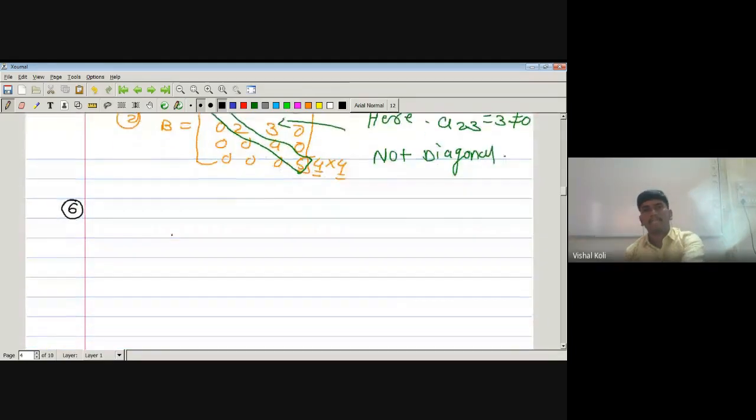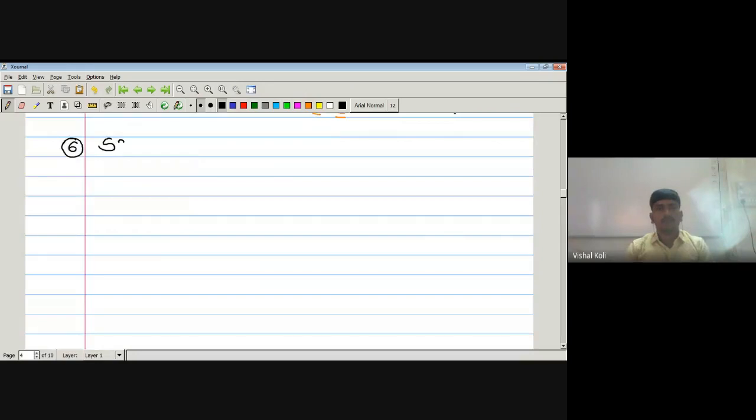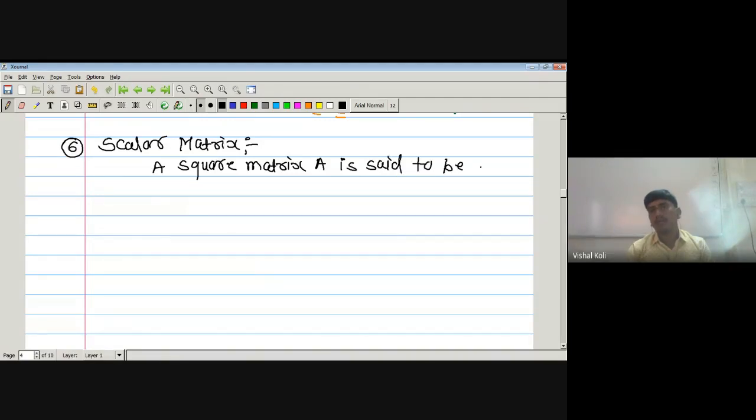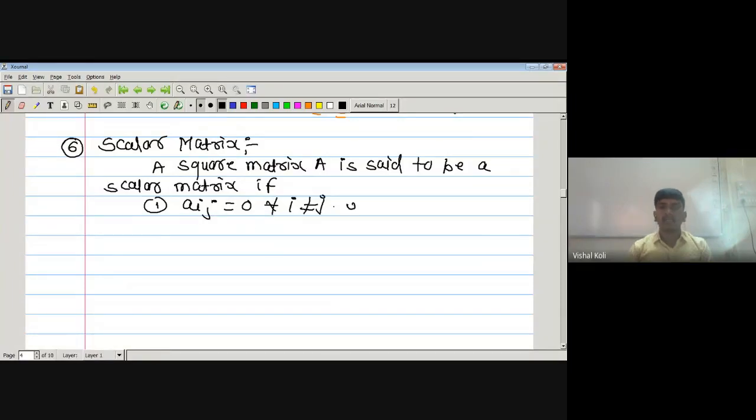Okay, now the next type is the scalar matrix. A square matrix A is said to be a scalar matrix if, first, the elements aij are equal to 0 for all i not equal to j, and second, aij is equal to c for all i equal to j.